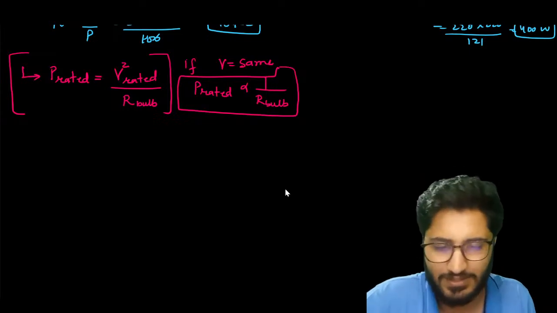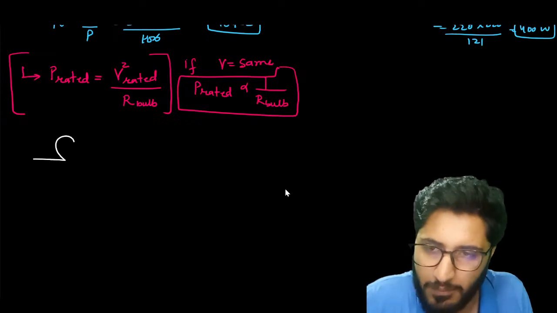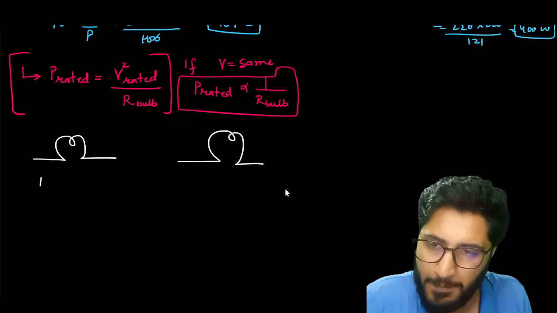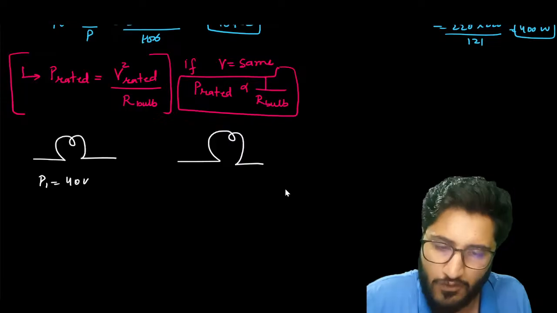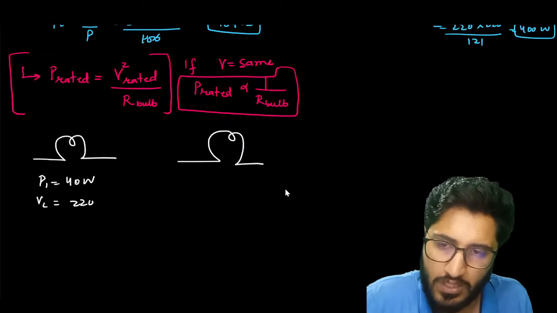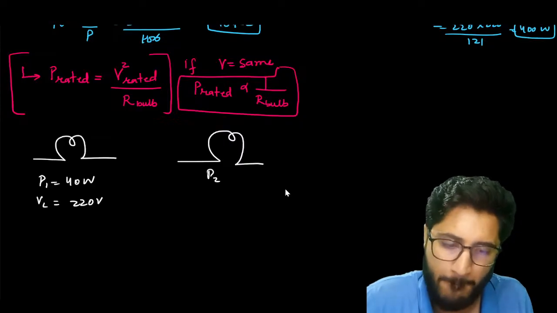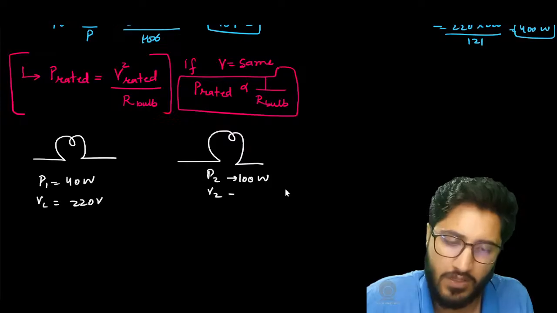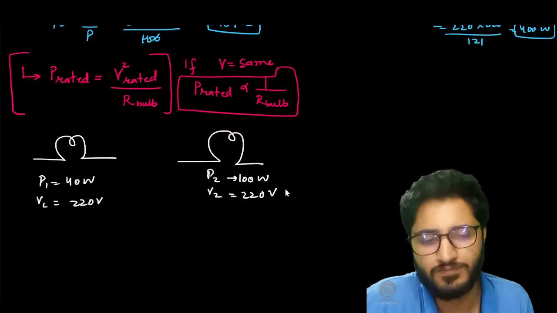If we have two separate bulbs, P1 is 40 watt, V1 is 220 volt, P2 is 100 watt, V2 is 220 volt.